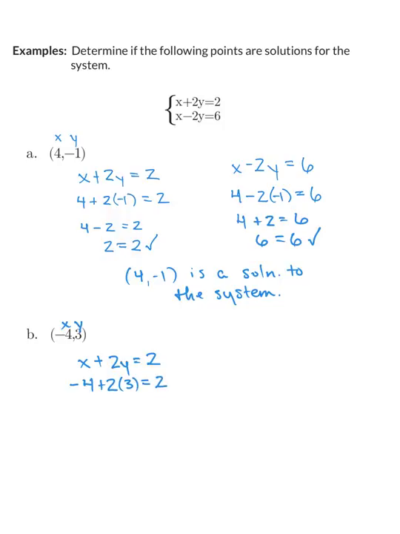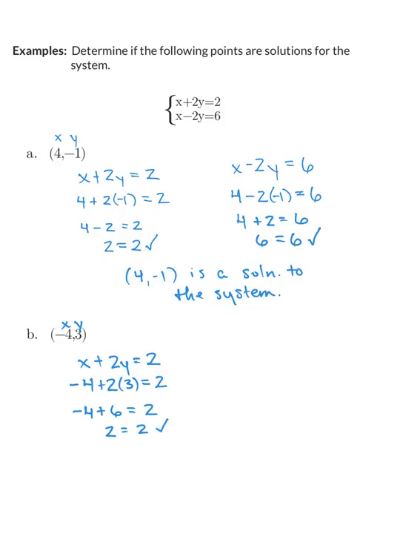And I want to know, is this equal to 2? If we simplify, we get -4. 2 times 3 is 6. And I want to know, is this equal to 2? -4 plus 6 is equal to 2. And since 2 is equal to 2, it is a solution to the first equation.